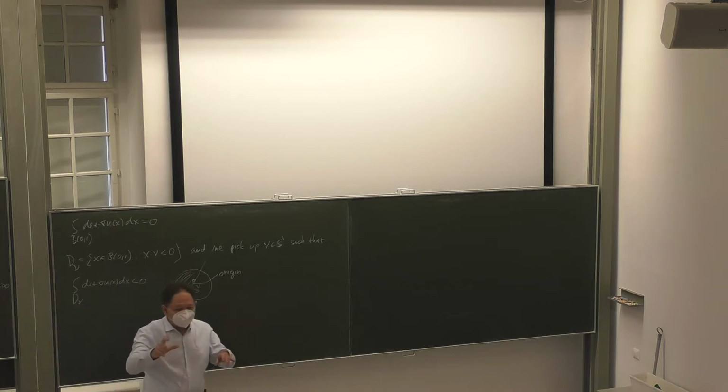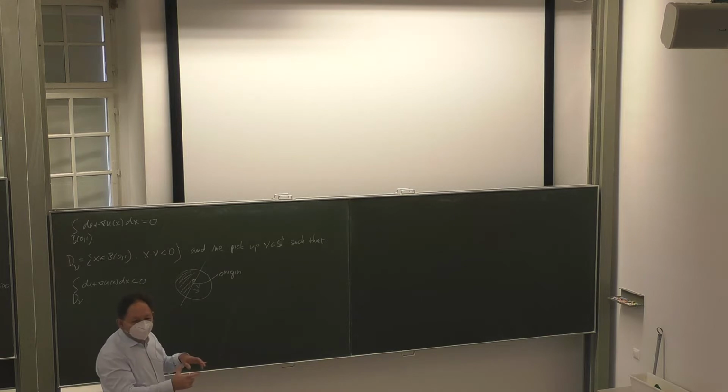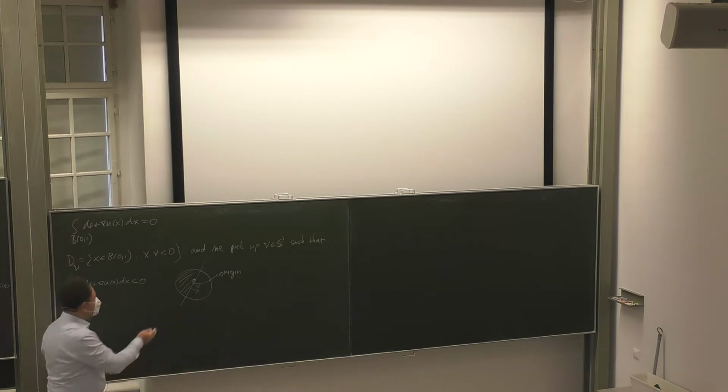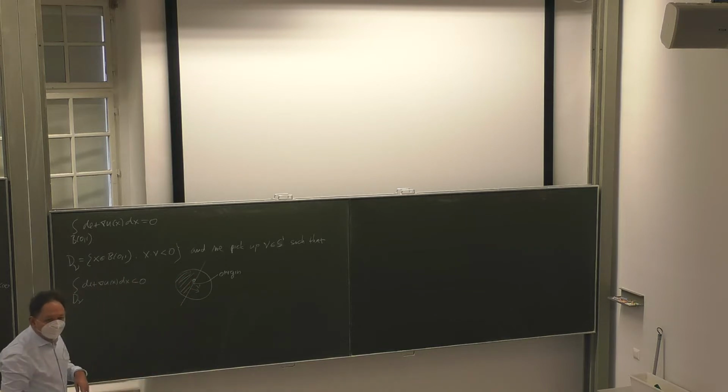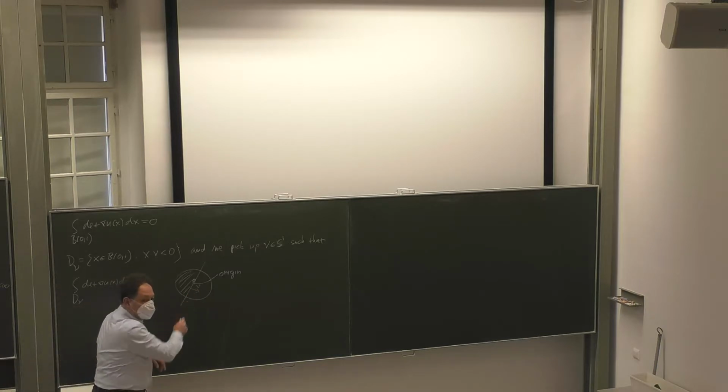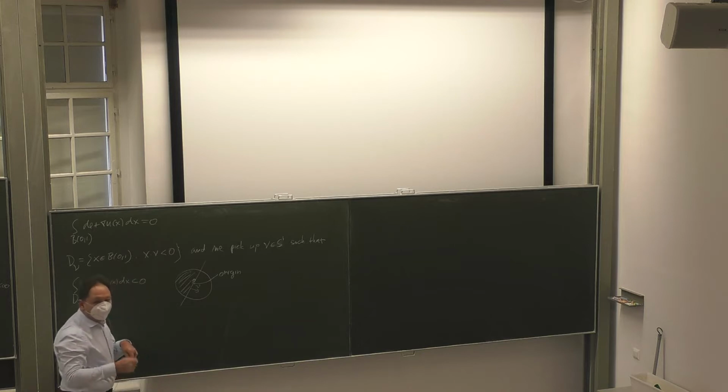You take a plane, and this plane cuts the ball. This is the normal to the plane. Like if you take a melon and cut it with a knife, you get a half melon.